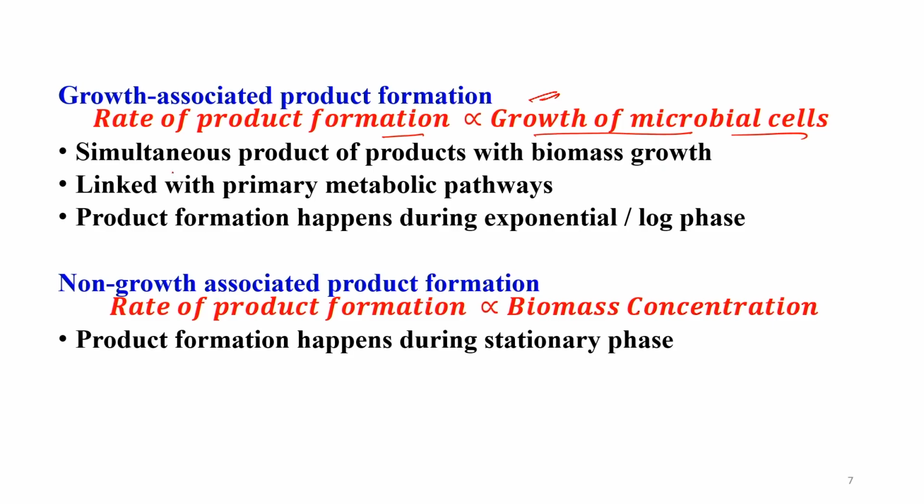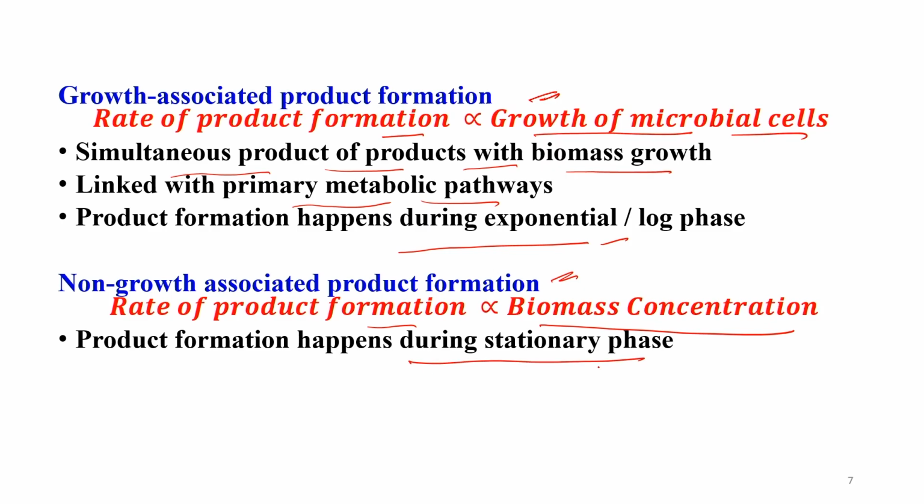During the growth phase there is simultaneous production of products along with biomass growth, linked with the primary metabolic pathway, and as it is linked with growth, most of the production happens during the exponential phase. While in the case of non-growth associated, the rate of product formation is proportional to the biomass concentration, not the growth rate, and mostly this production happens in the stationary phase.